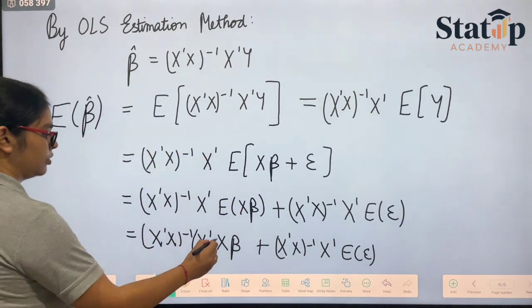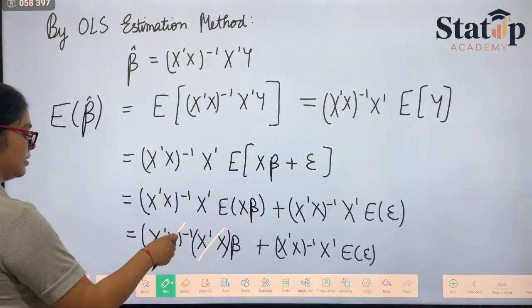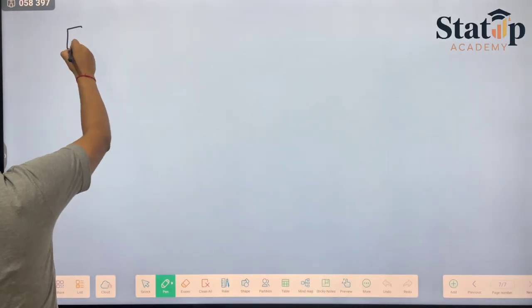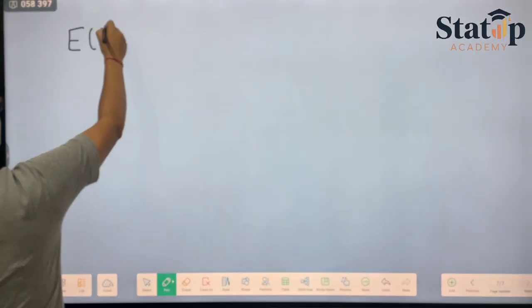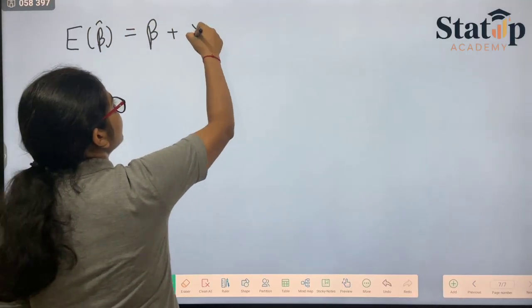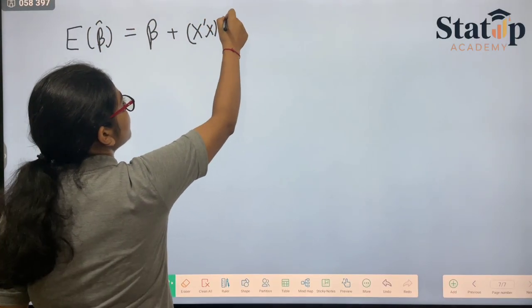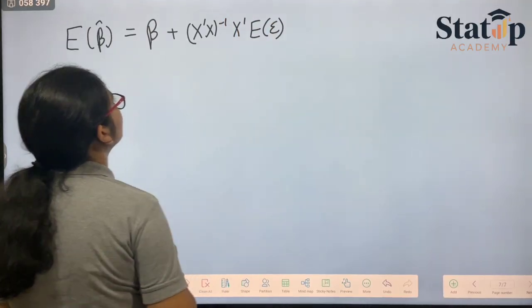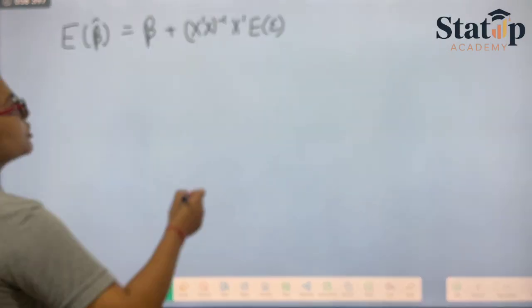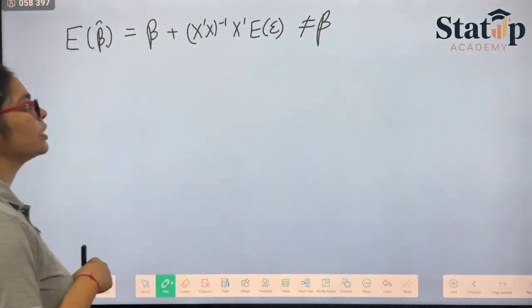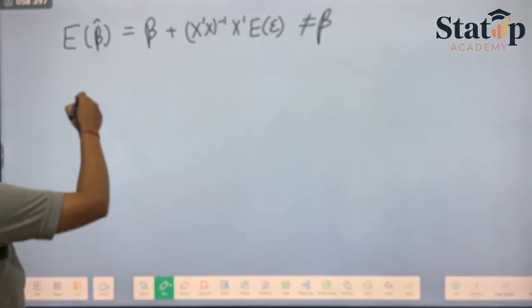Here these two terms get cancelled and we are left with E(β cap) equals β plus (X'X)^-1 X' E(ε). Now again, this is not equal to β. So it is also a biased estimator of β cap.